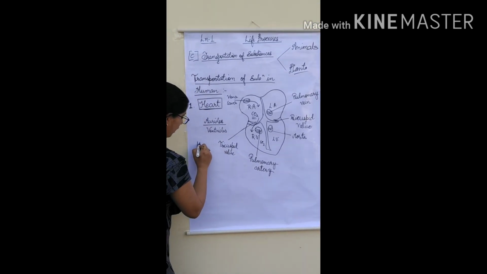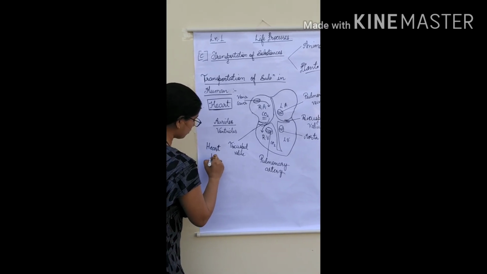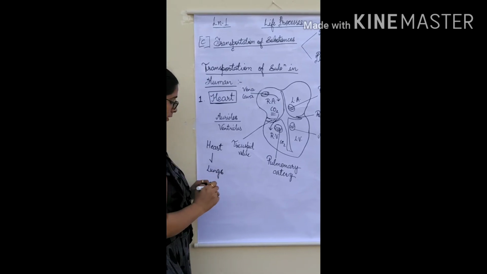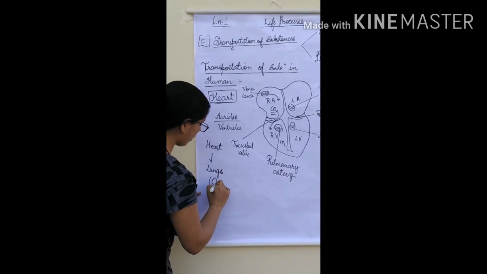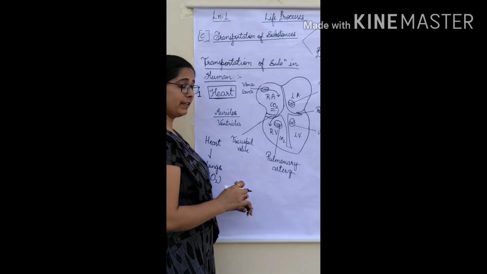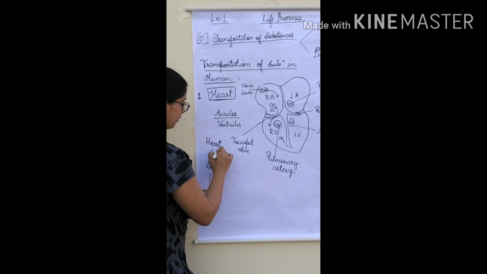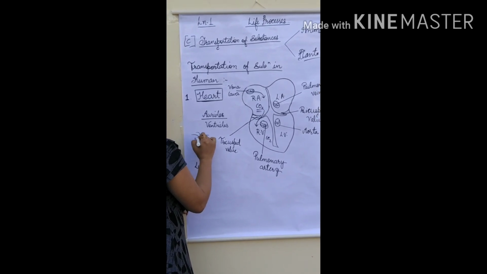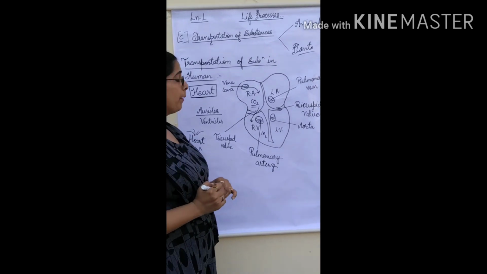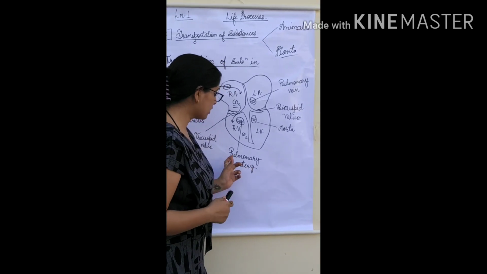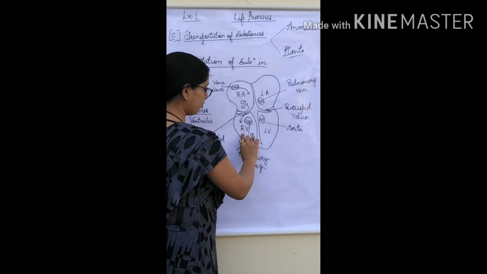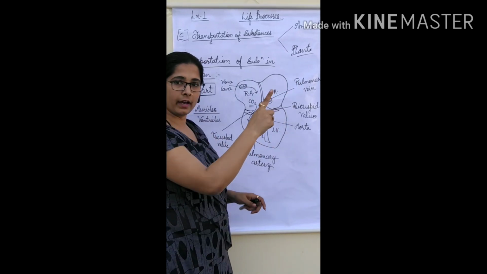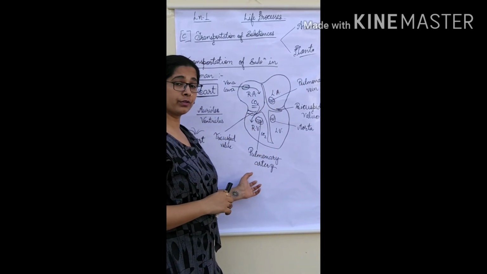From the heart, the blood reaches the lungs so that the lungs can diffuse the oxygen into the blood, and then the lungs pass the blood to the heart, and then the heart passes the blood to all the body parts. This pulmonary artery carries the blood from the heart to the lungs.